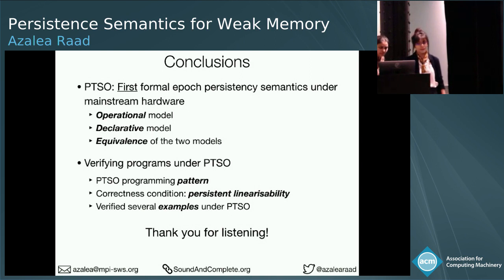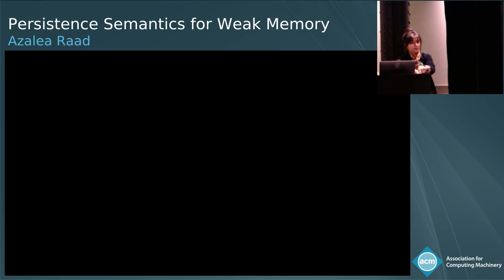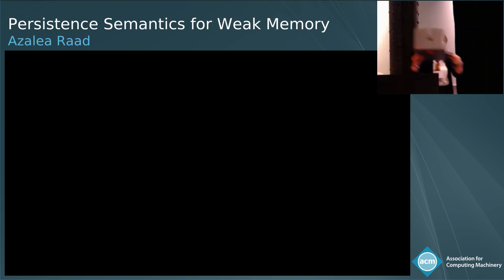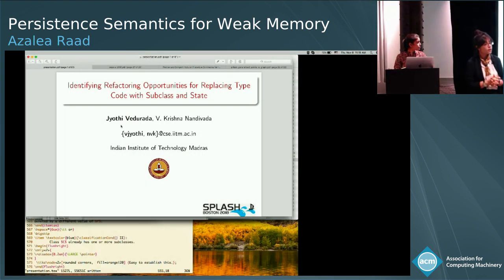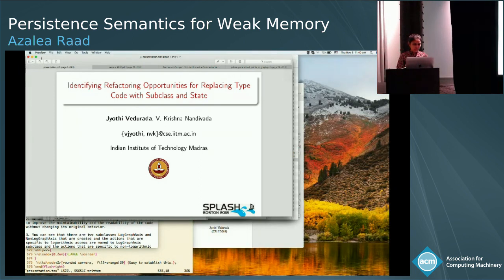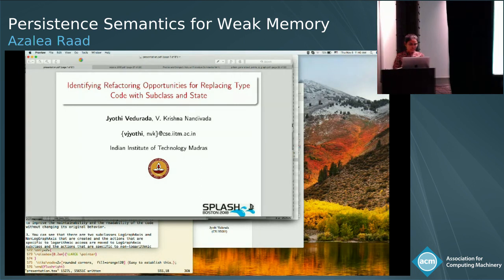Thank you. On your definition of persistently linearizable, I have a question. In the field of transactional memory, there's a concept of opacity, which is a correctness condition. How is your concept of persistently linearizable related to that?